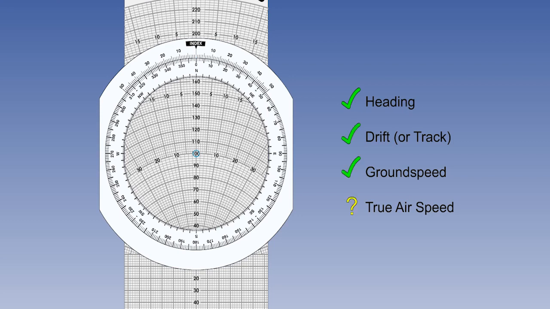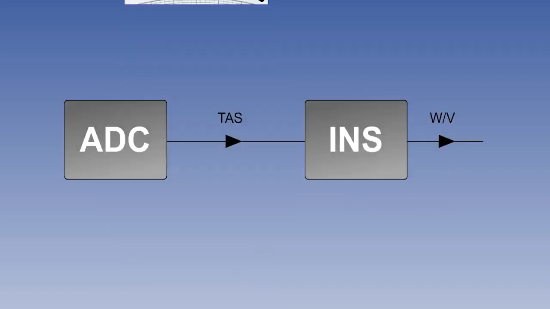It is necessary to have an input of TAS from another source in order to calculate wind velocity. On its own, INS has no facility for calculating TAS. However, any aircraft which has an avionics suite sophisticated enough to include an INS will also include an air data computer, which will provide the TAS to the INS.